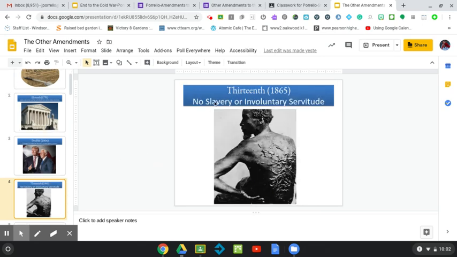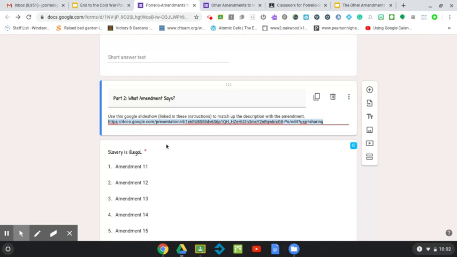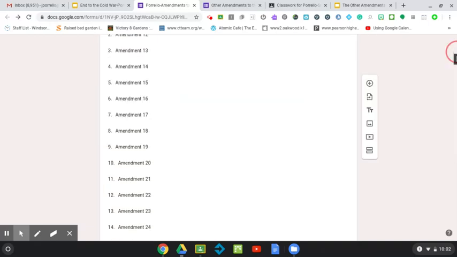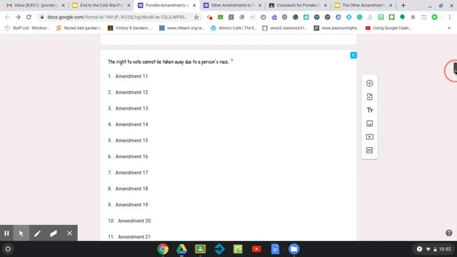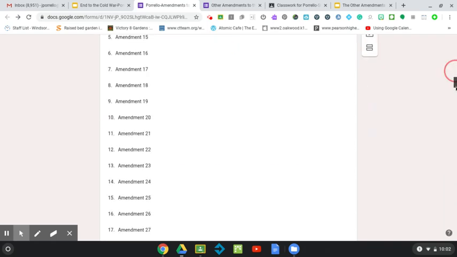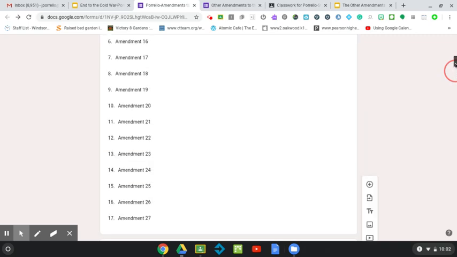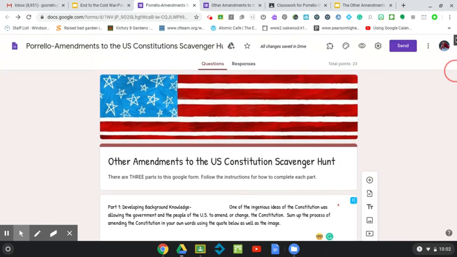The 13th Amendment made slavery illegal. And if you remember, that says right here, slavery is illegal, right? So what you would do is a drop-down box would show up, and then you would go and put in your answer, okay? Here, let me just show you.